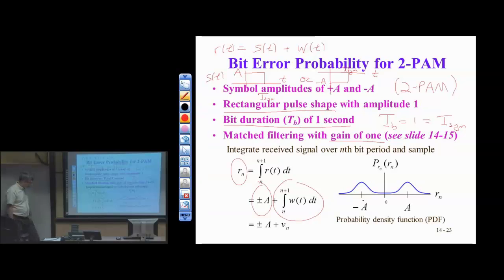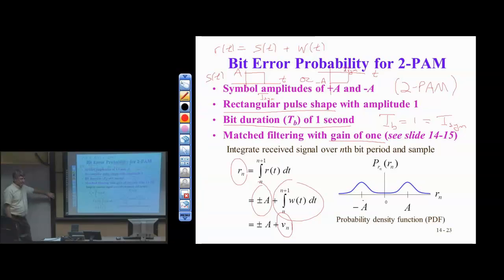So I end up with the result of this low-pass filter applied to the noise, and I take the value resulting from integrating over the bit duration, which is one number. It's a random variable, v sub n.